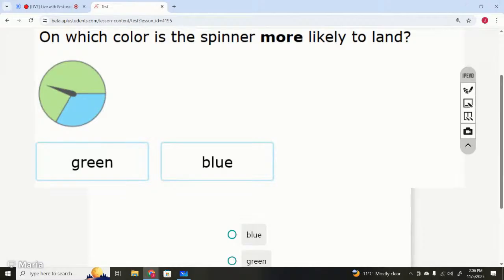So that means it will most likely land on green, because the spinner has more portion. The more portion on the spinner is green, so it will more likely land on green. Option number two is the correct one.